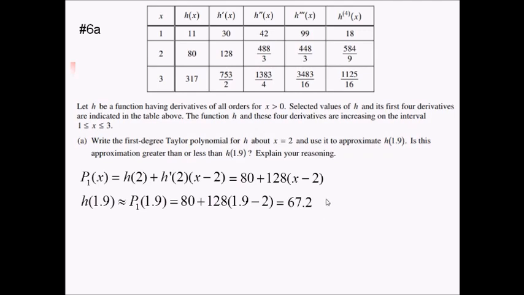We have to figure out if this approximation is greater than or less than h of 1.9. So how can we figure that out? This part's actually a little tougher to get full credit on than it would seem at first glance.